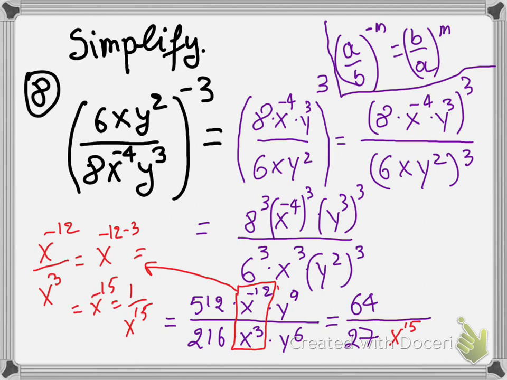Then we have y to the 9th divided by y to the 6th, and that is y to the 9 minus 6, so y to the 3rd. And of course, 512 over 216 is 64 over 27.